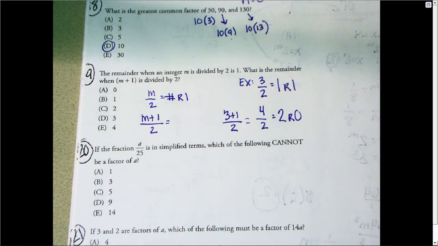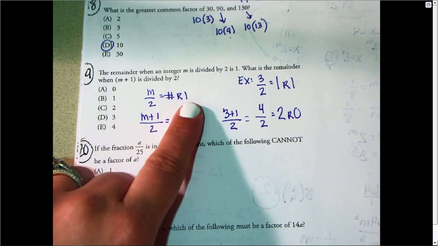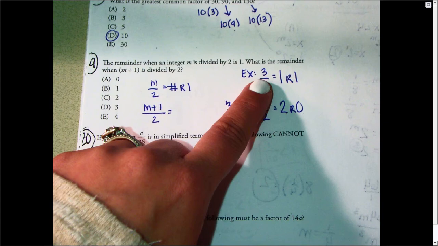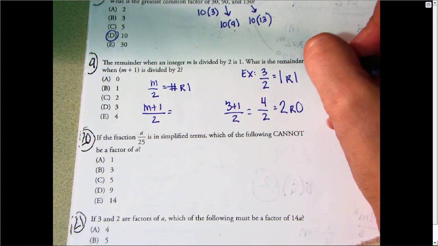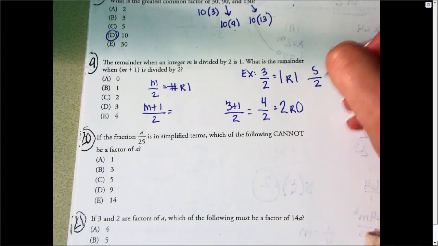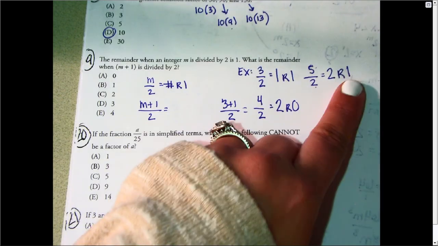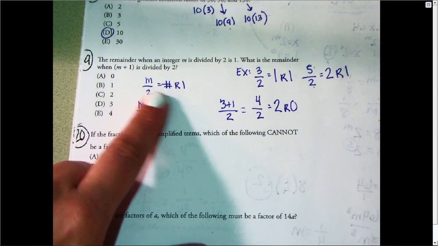If I'm dividing by 2 and I have a remainder of 1, that means that the number is odd, like 3. I could test it again with 5. 5 over 2, 2 goes into 5 twice with a remainder of 1. If the number is odd and I'm dividing by 2, I will always have a remainder of 1, which happens here.